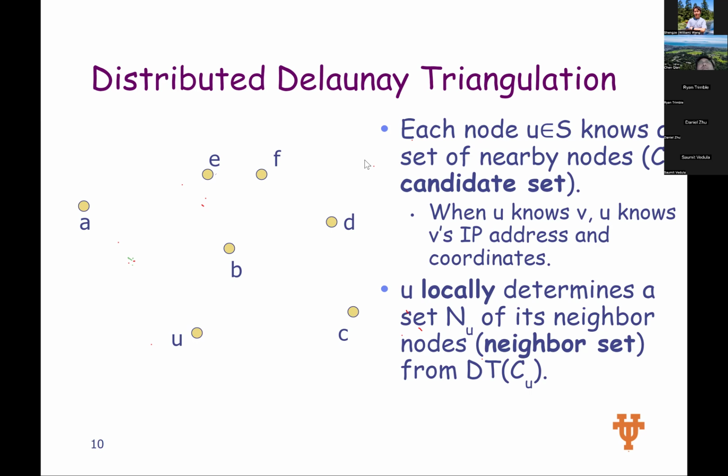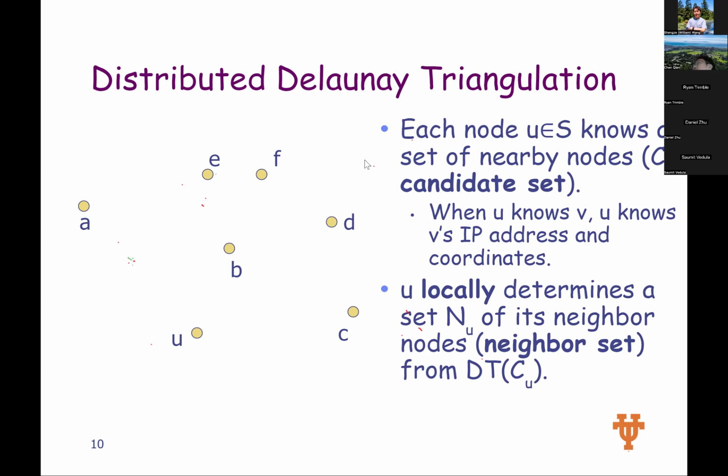But with a distributed Delaunay triangulation, it's always linear because you keep the calculation on every node constant. There are n nodes, right? If every node is constant, then the total calculation is still linear.